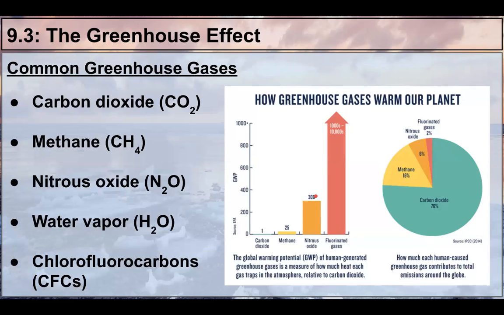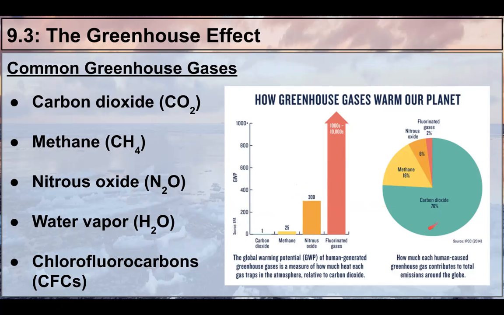Okay, so some of the most common greenhouse gases, you've most definitely heard of carbon dioxide and methane as big greenhouse gases. Those are two that we've already mentioned in this class. But some that you might not realize are nitrous oxide, N2O, water vapor, H2O, and chlorofluorocarbons, which we just talked about, as well as their replacement, hydrofluorocarbons, the HFCs, which contribute to much more greenhouse effect than these other gases do.